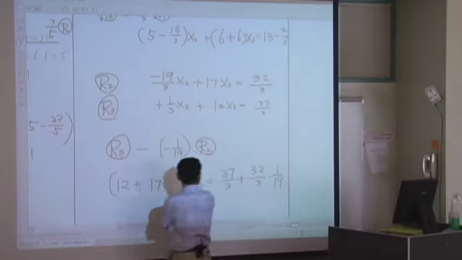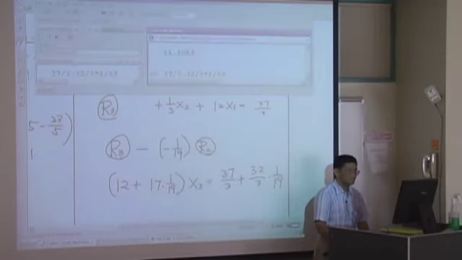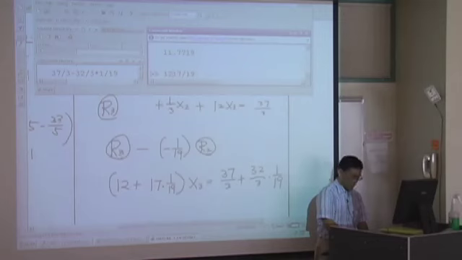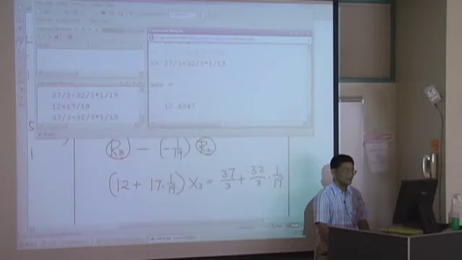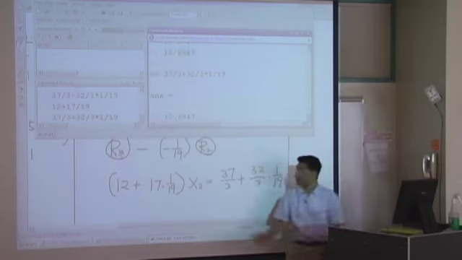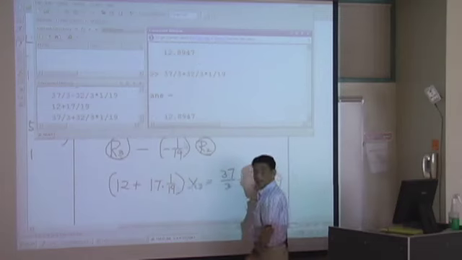Sorry. Thank you very much for the correction. So let's recalculate it. Plus here, and plus here. And as you can see, you get the same numbers here and here. The coefficients and the constants are the same.